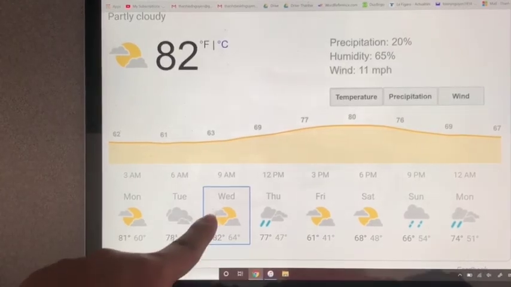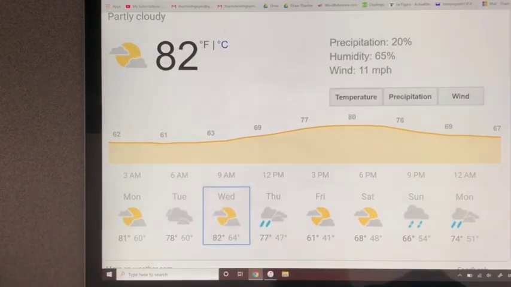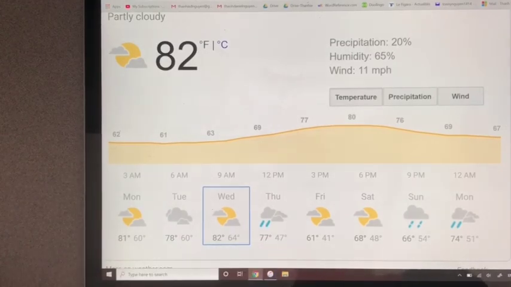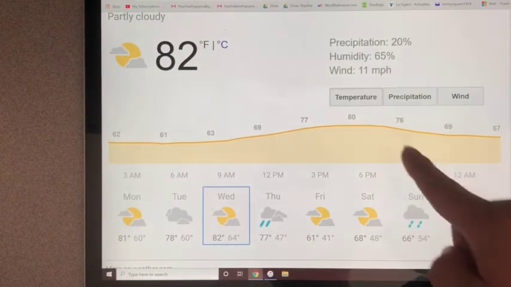On Wednesday, the temperature in the afternoon is 80 degrees. On Wednesday, what is the temperature from 6 p.m. to 9 p.m.? On Wednesday, the temperature from 6 p.m. to 9 p.m. is 76 degrees.